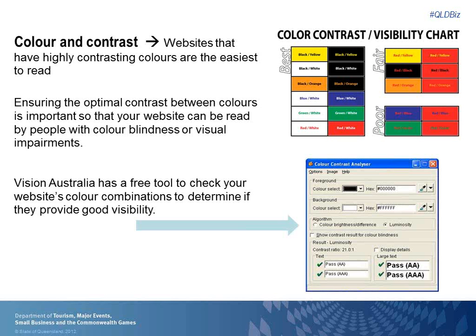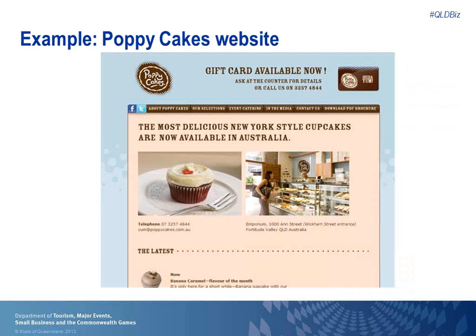I'm going to give you an example of a website, Poppy Cakes. I think it does all the elements quite well. It's got fantastic contrasting colours with the light blue, the pink and the brown.